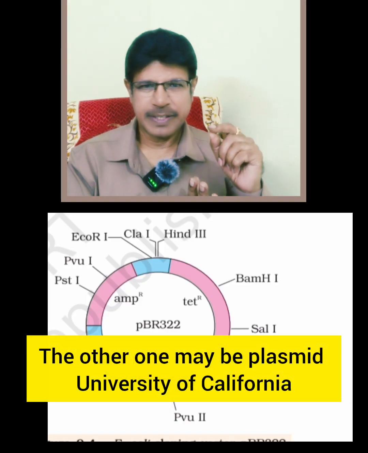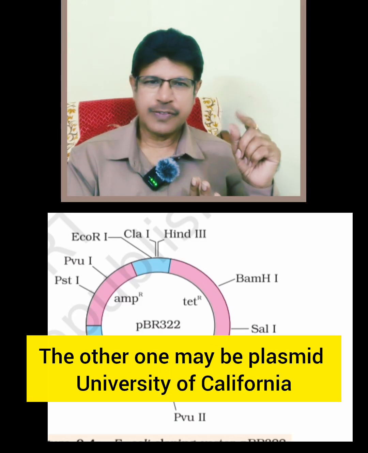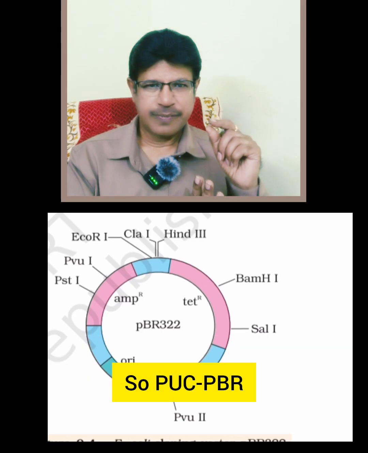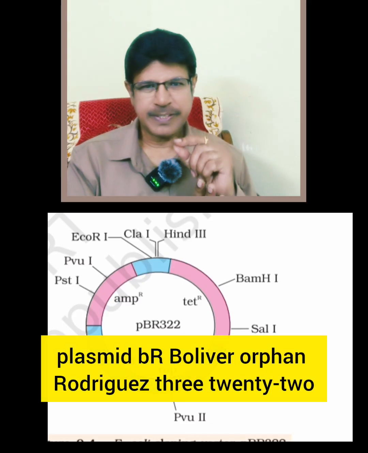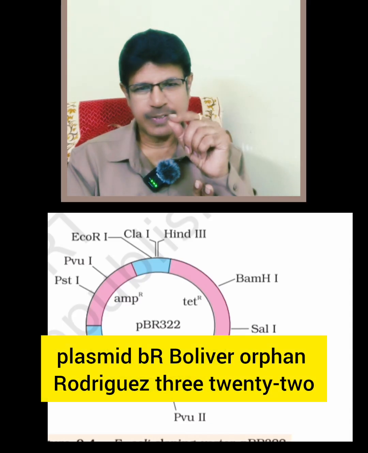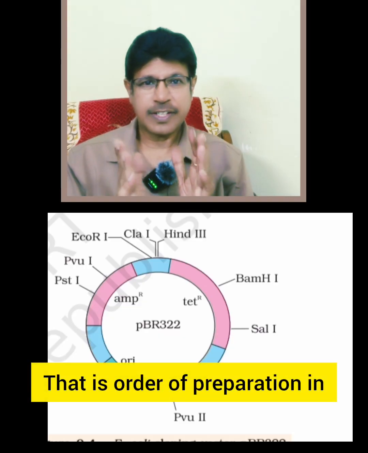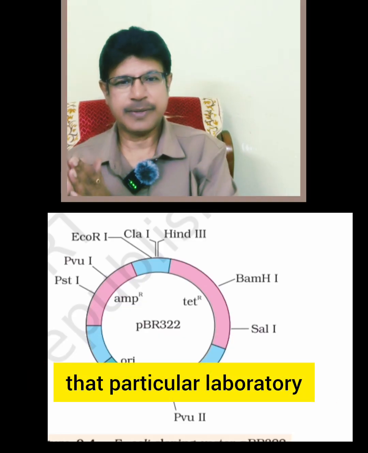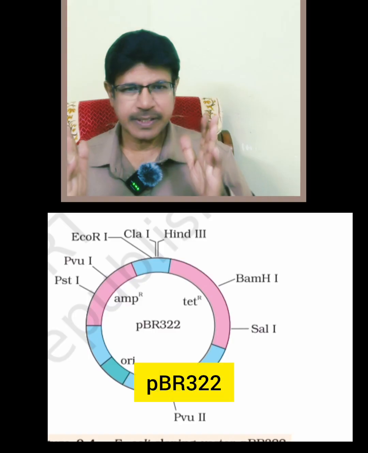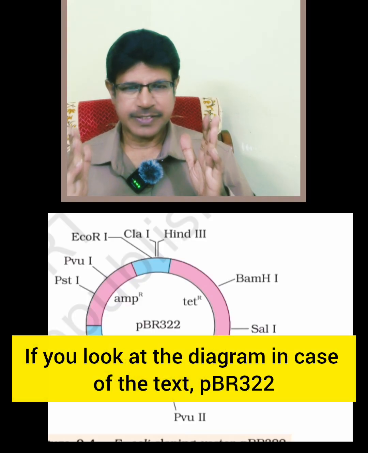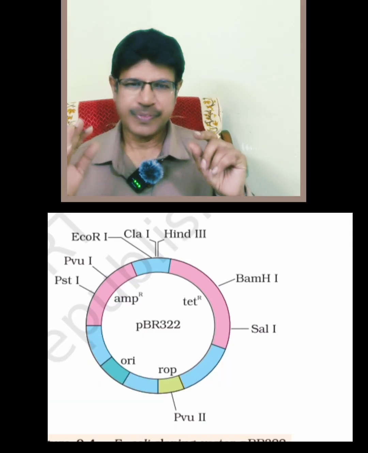The other may be pUC, plasmid University of California. So pUC, pBR, where BR is Bolivar and Rodriguez, and 322 is the order of preparation in that particular laboratory. pBR322. If you look at the diagram in the textbook, pBR322.